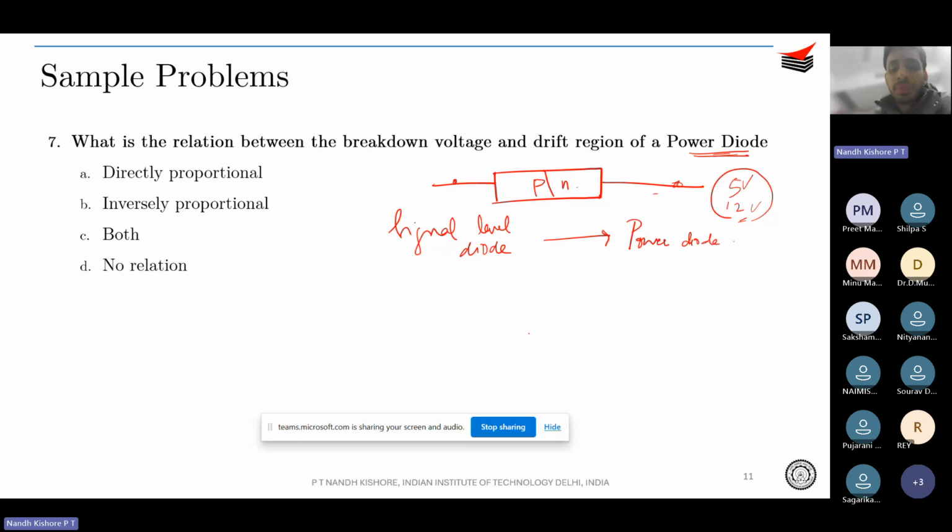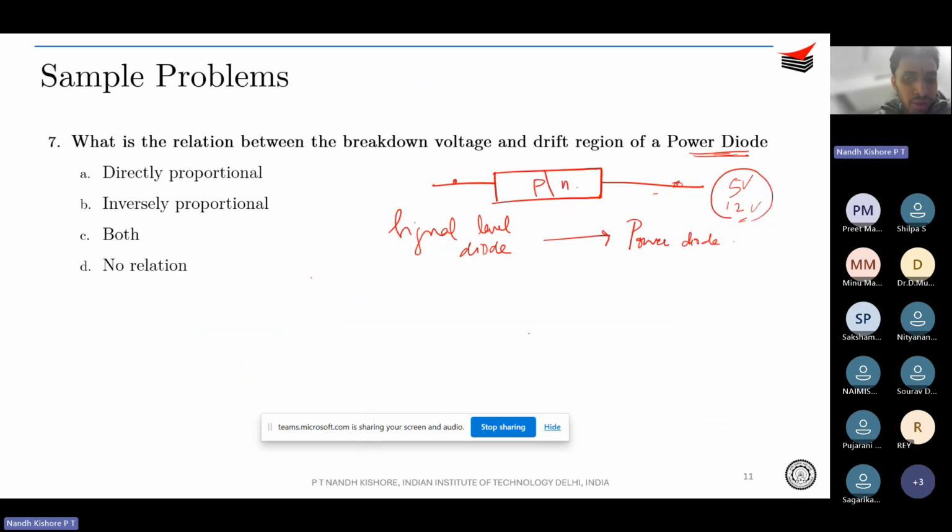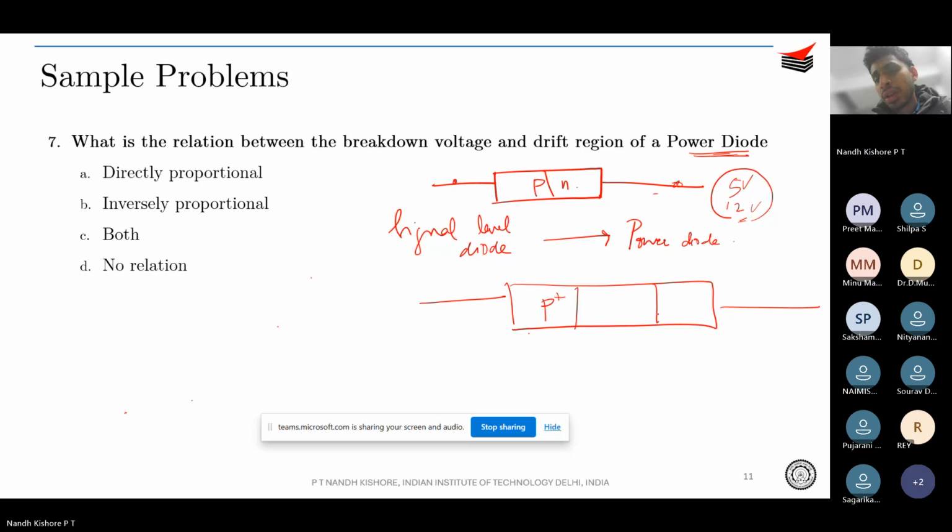The answer is that people add what is known as a drift region in between. You have the same diode, you have the P plus region, where P plus indicates that the region is heavily doped with P, and then you have a lightly doped region in between, and then a heavily doped N region.